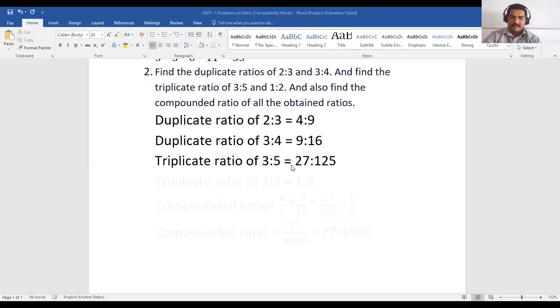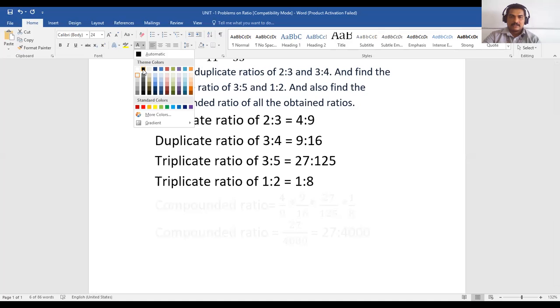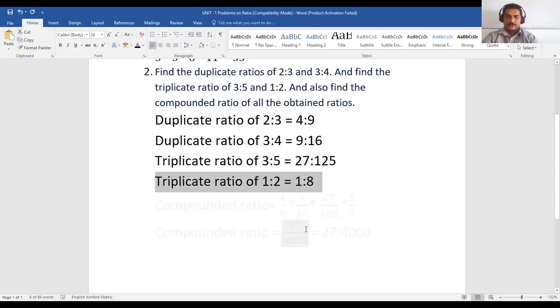If we cube the antecedent and consequent, 3 cube is 27, 5 cube is 125. That is the triplicate ratio of 3:5. In the same way, the triplicate ratio of the next ratio 1:2: 1 cube is 1 and 2 cube is 8. So the triplicate ratio of 1:2 is 1:8.